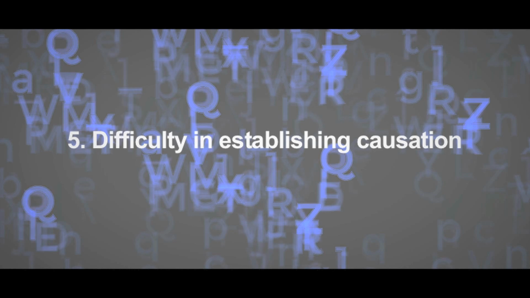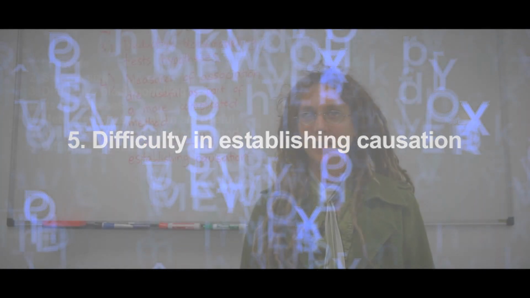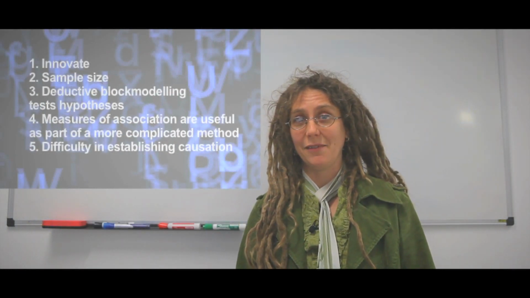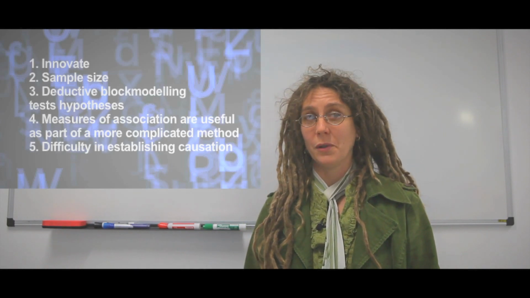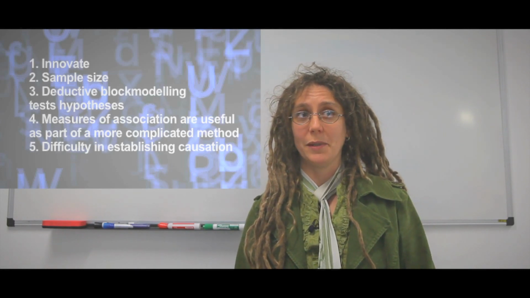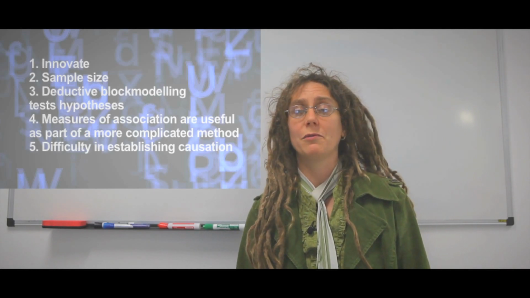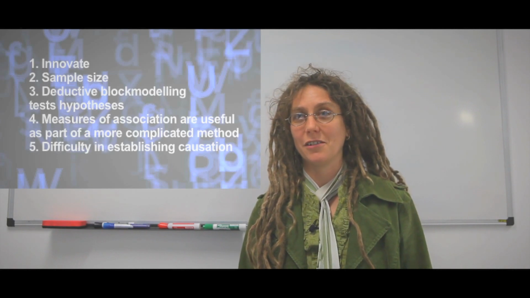The final really important lesson that we learned from this interview is the difficulty of establishing causation. For example, we have no idea whether people who already save energy in their homes then proceed to join an environmental group, or whether they join an environmental group and then save energy in their homes. And this is something that would require a lot more research in order to find out the true direction of causality.